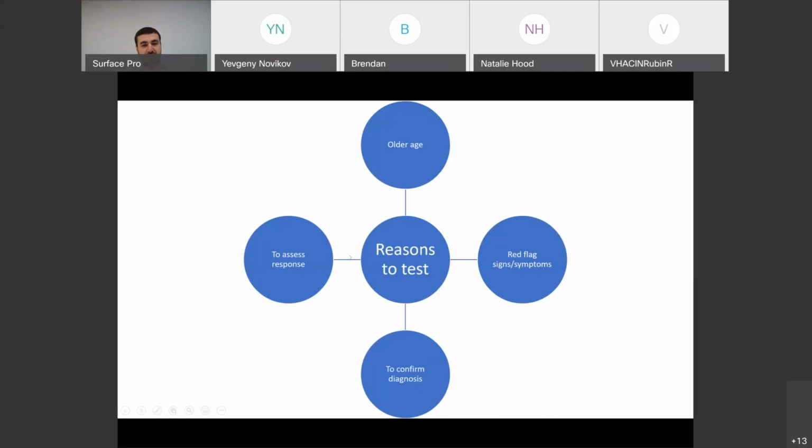But if the patient's older, if they have red flag signs or symptoms, if you think you have the diagnosis but you're not sure and you want to confirm it, or in certain cases where you should confirm the diagnosis, like celiac disease, or if you're following a certain lab to assess response. For example, again using celiac disease, you're going to follow the antibodies and make sure they come down nicely when they go on a gluten-free diet. Those are all reasons to test.